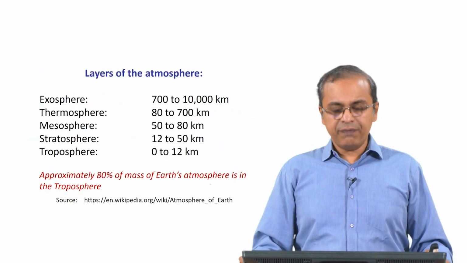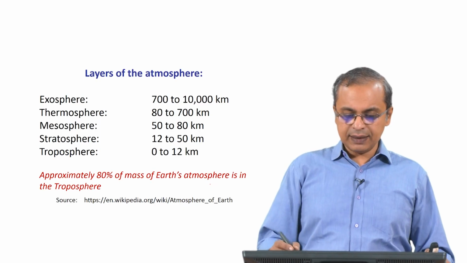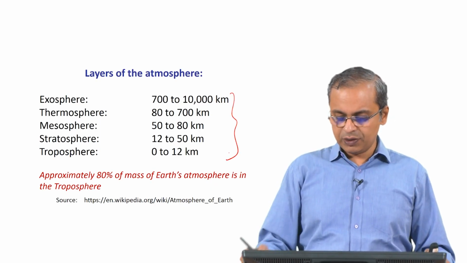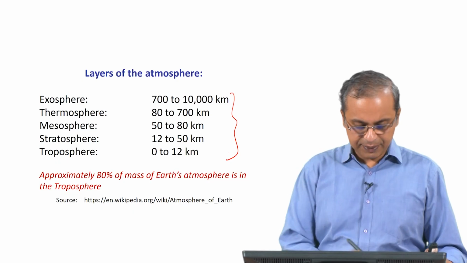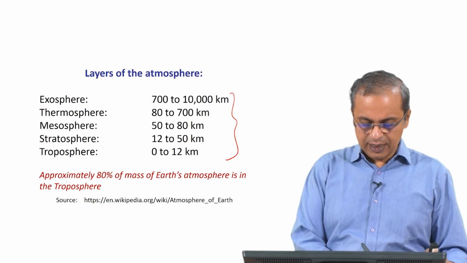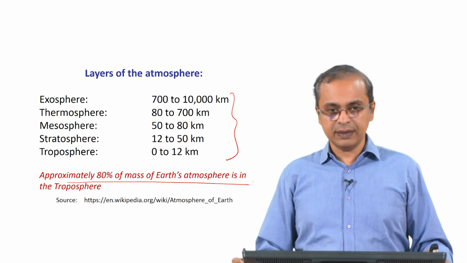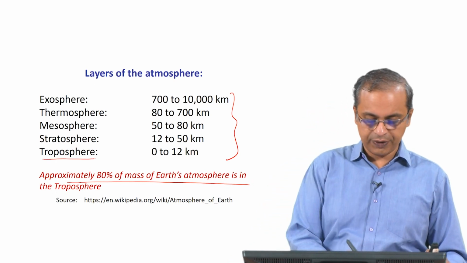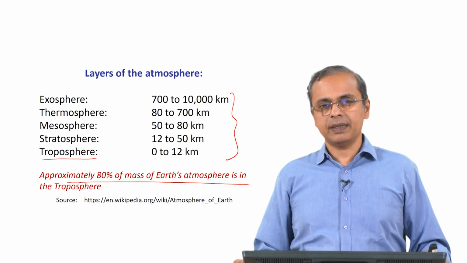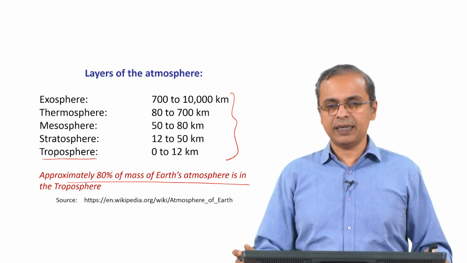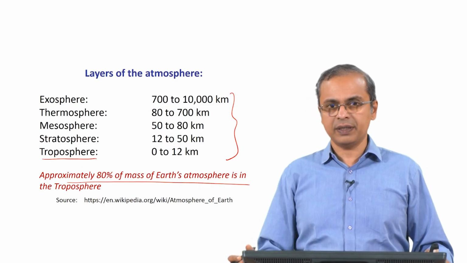We saw in one of our earlier classes the various layers of the atmosphere. Perhaps the thing of relevance to us is to keep in mind that 80% of the mass of the earth's atmosphere is in this lowest section called the troposphere, and essentially all our commercial air activity happens here.